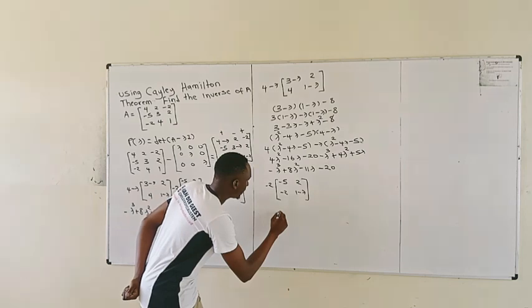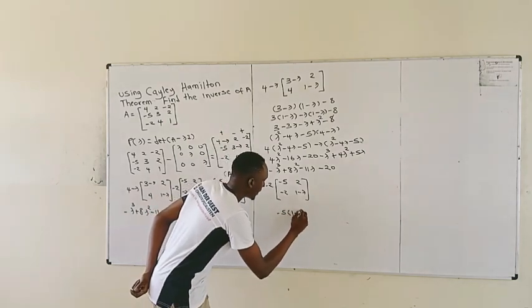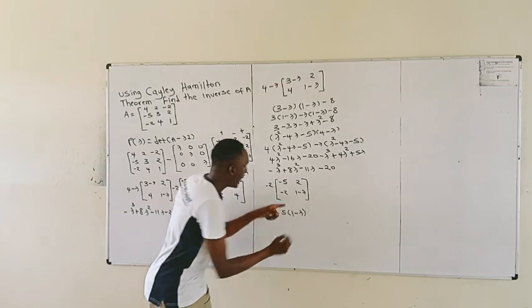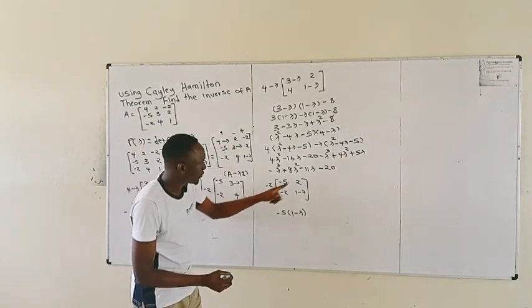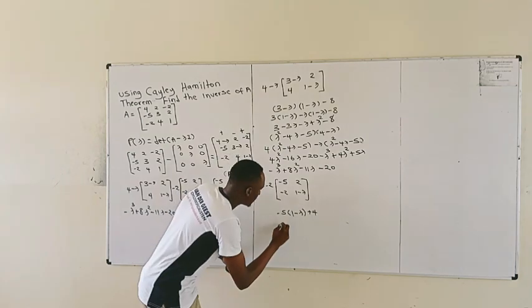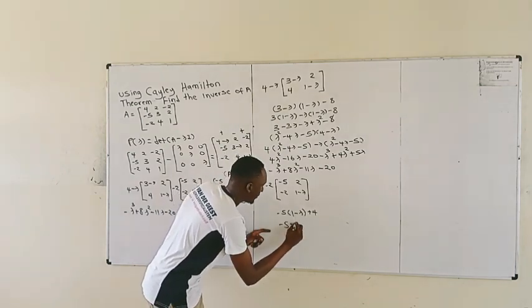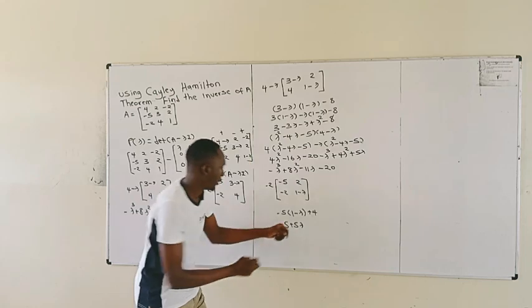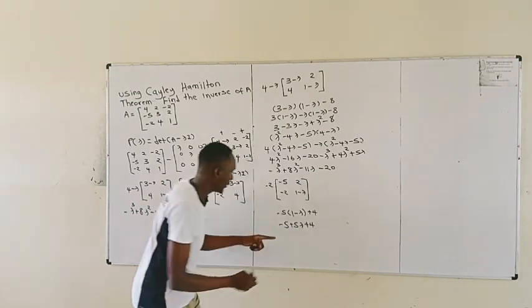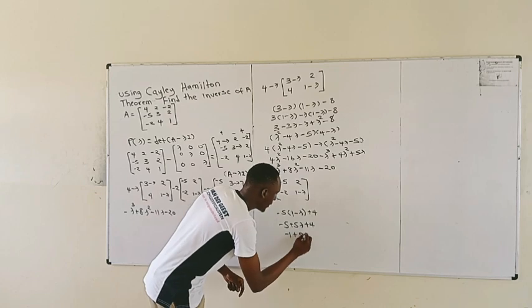The inner part, we have minus 5 into 1 minus lambda, then minus negative 2 times 2, which is now plus 4. When you open the bracket, you have minus 5 plus 5 lambda plus 4. Negative 5 plus 4 is minus 1 plus 5 lambda.